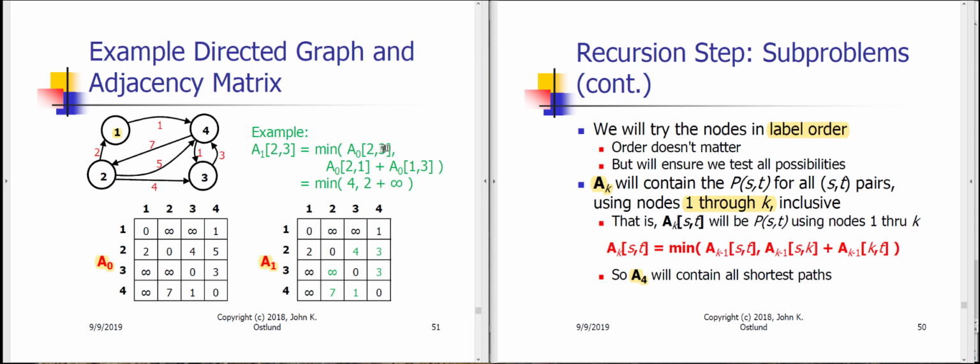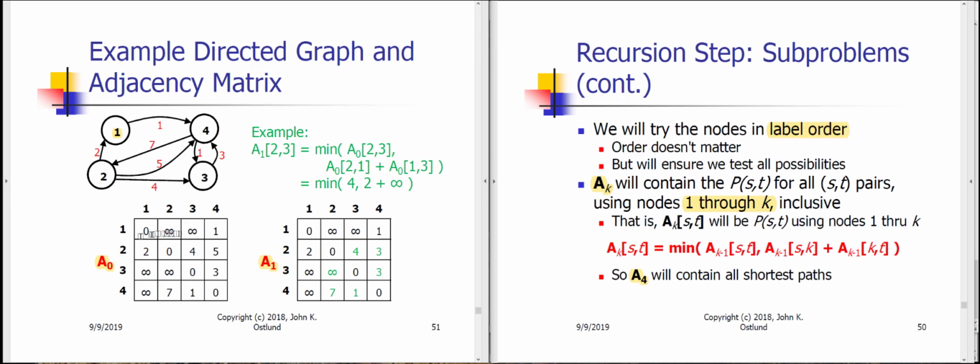So the cost of going directly from node 2 to node 3, we already know is 4. We can just read that out of A0. The cost of going from node 2 to node 3 indirectly through node 1 is the cost of going from node 2 to node 1 plus the cost of going from node 1 to node 3. Well, going from node 2 to node 1 costs 2, but going from node 1 to node 3 is infinite.